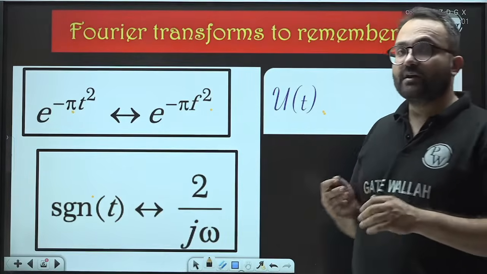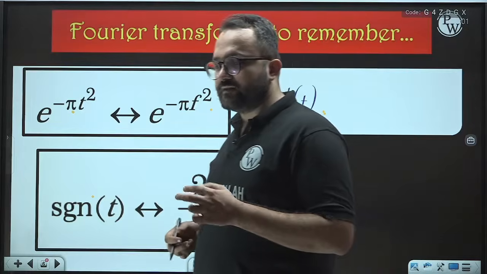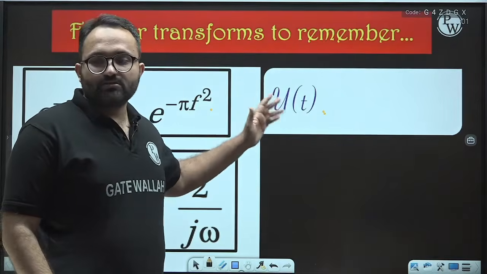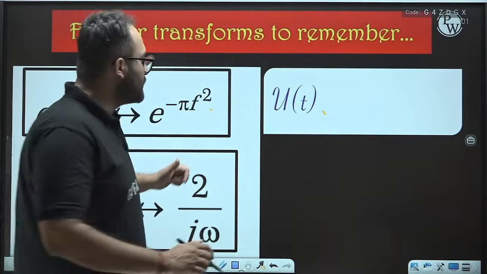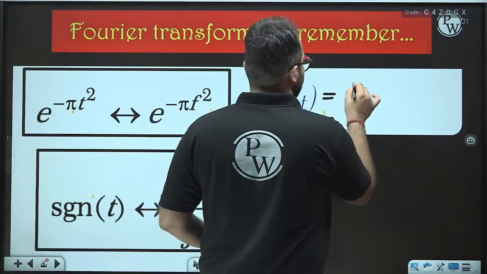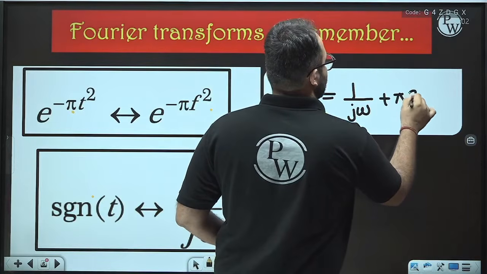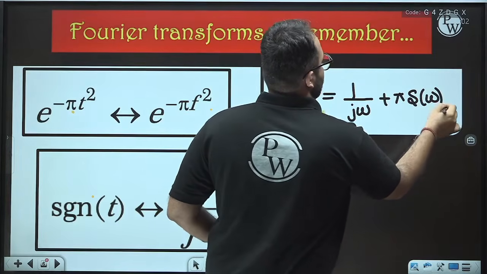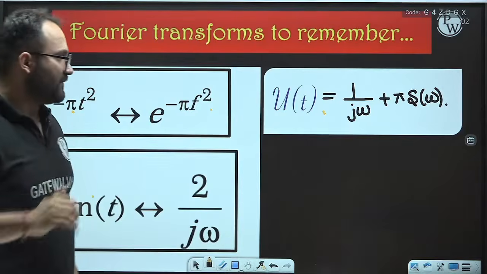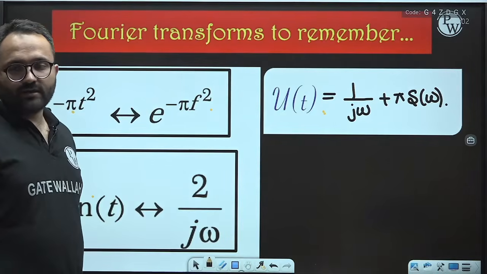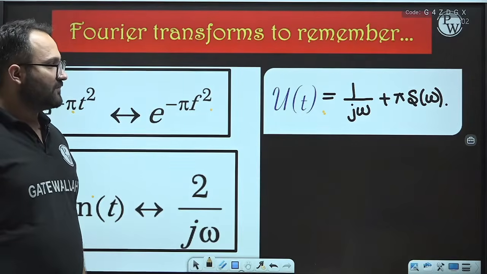Neither can we simply replace s by j omega in the Laplace transform, because it is not allowed, because this is not absolutely integrable. So ut will have the Fourier transform 1 upon j omega plus pi del omega.